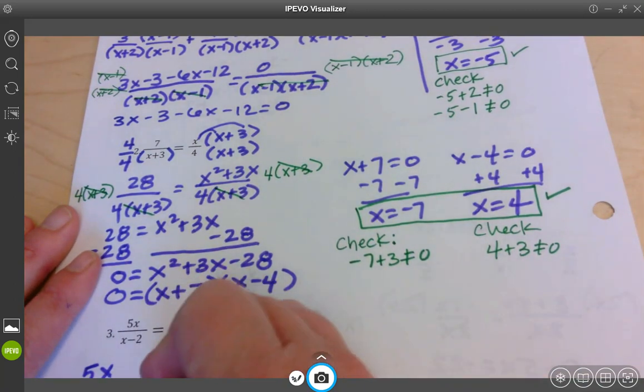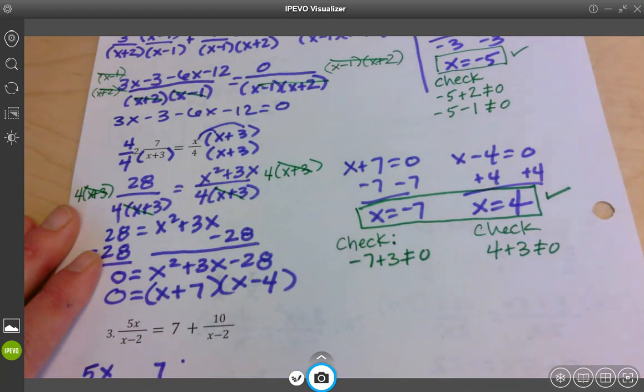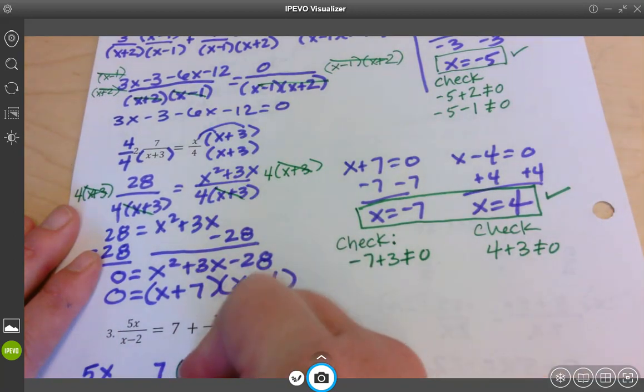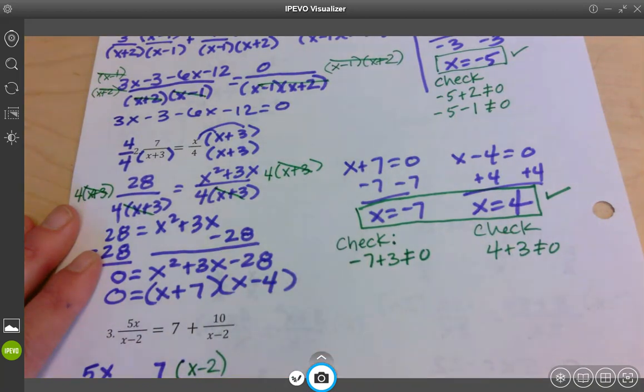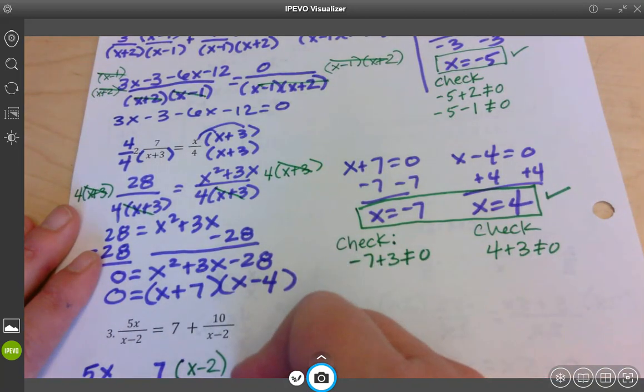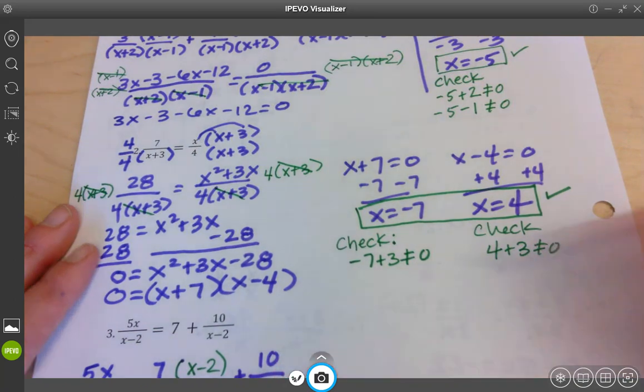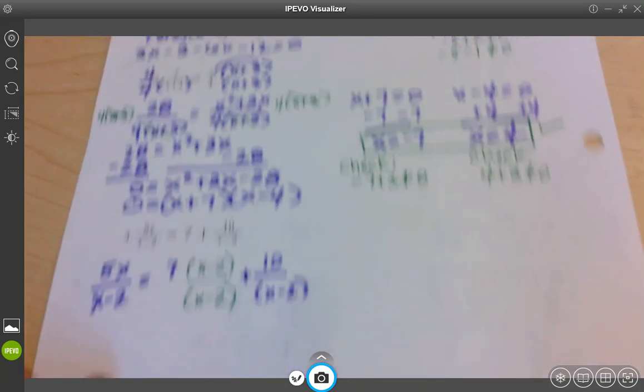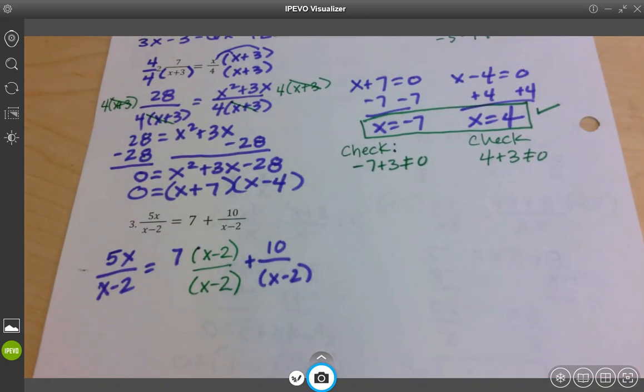Equals. Okay. Oops. All right, so I had to multiply the 7 times x minus 2 over x minus 2. Now I have a common denominator.